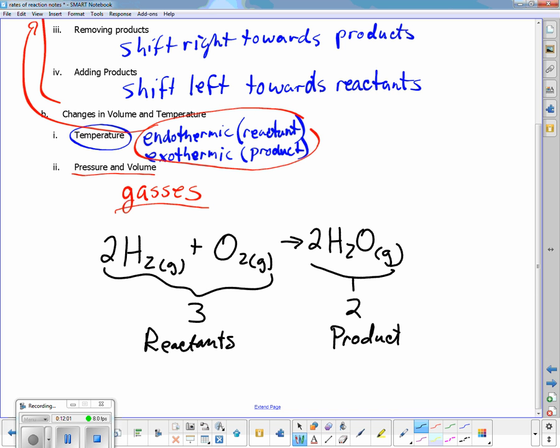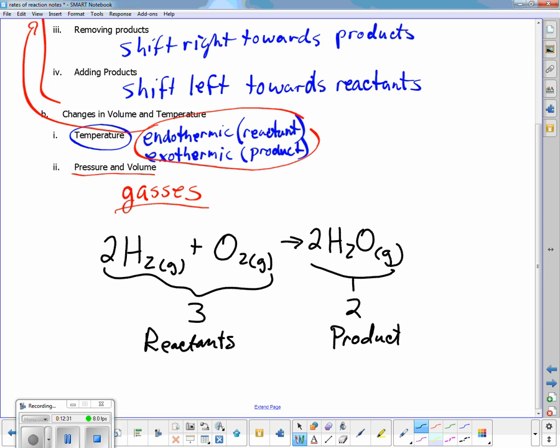Okay, here's another question. How about I increase the pressure? Show me with your fingers which way it's going. Not all are participating, and I need everybody to participate. Increase the pressure, less gas. Decrease the pressure, more gas.